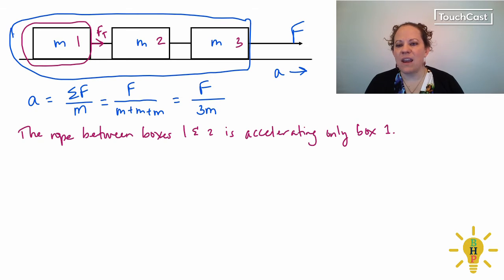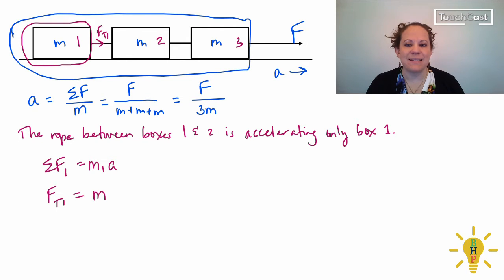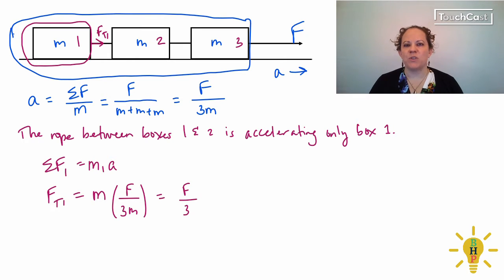So when we then apply Newton's second law just to box 1, we're going to get FT1 is going to be accelerating just this single mass m. And then we have our acceleration F over 3m. And we will get that our tension is equal to that pulling force divided by 3.